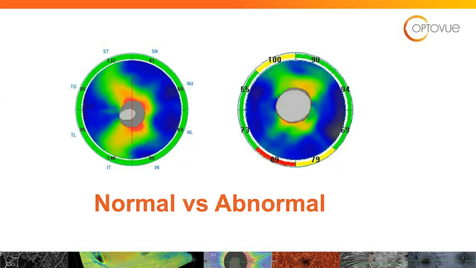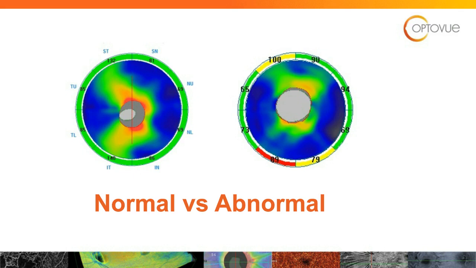Looking at the reflectance image, on the left we have an example of normal. And so when we look at these, not only are we looking at the thickness of the supratemporal area and infratemporal area, because that's where a lot of the action is in glaucoma. That's where we see change, a lot of the time it happens in those areas.